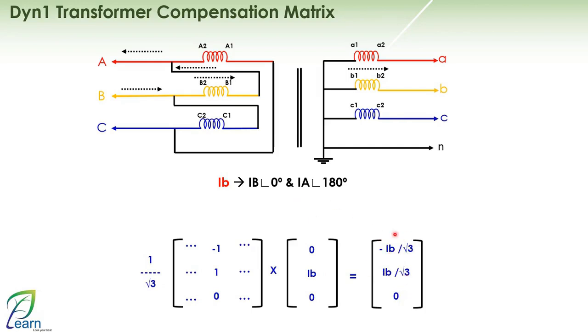Therefore, I will find here that the phases A and B have reversed, like in the delta phases A and B. I will find here a negative, but don't forget that IB is at a 180-degree angle, so it becomes positive and this negative. Here you have IA negative, so here IA becomes positive and here IB is positive. So I will find here that IB has become negative, and thus I have also reached the stability condition.